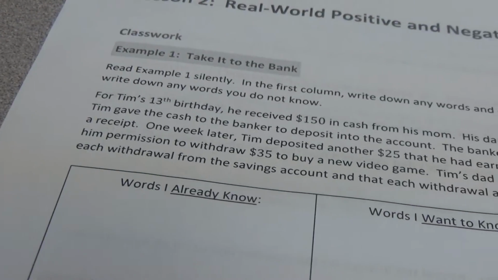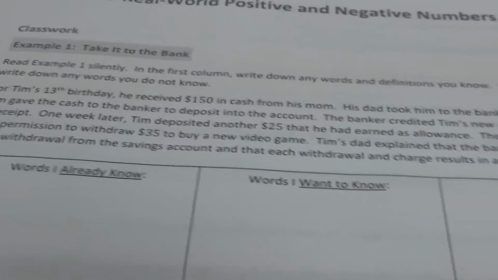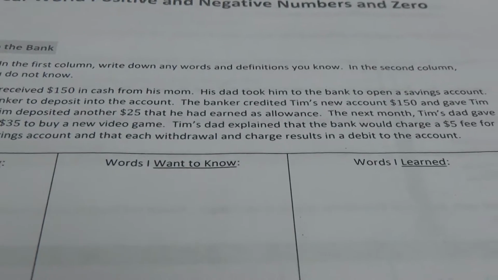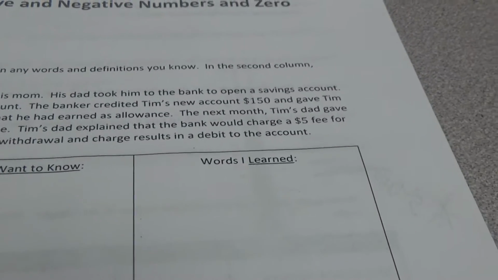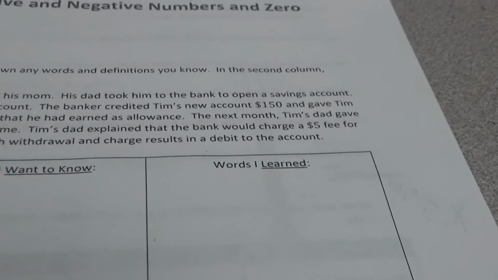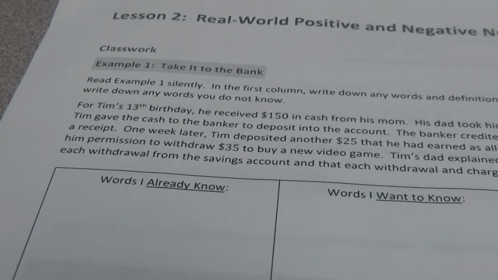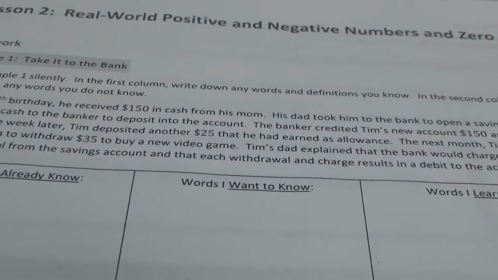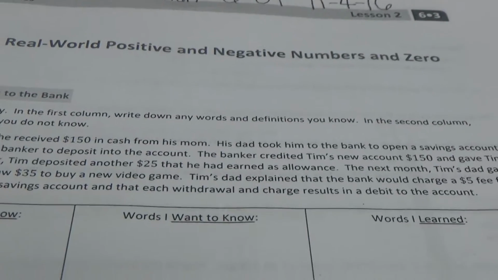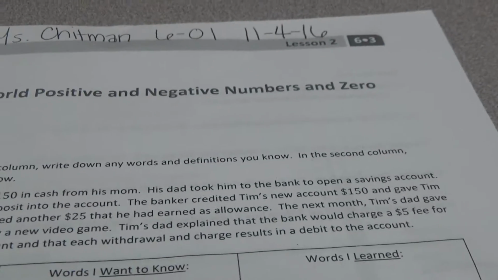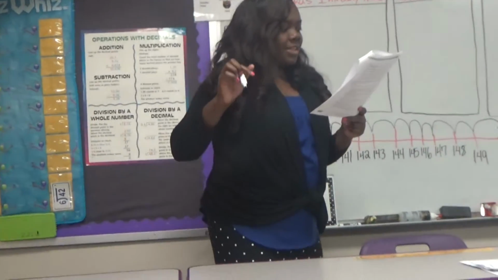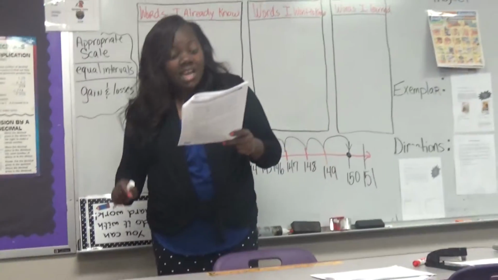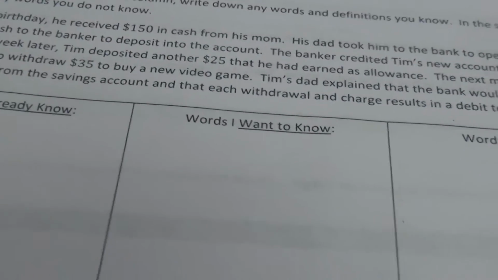The next month, Tim's dad gave him permission to withdraw $35 to buy a new video game. Tim's dad explained that the bank could charge a $5 fee for each withdrawal from the savings account. That each withdrawal and charge results in a debit to the account.